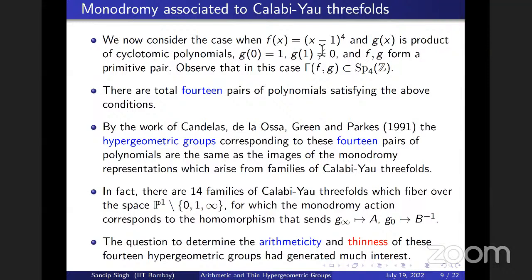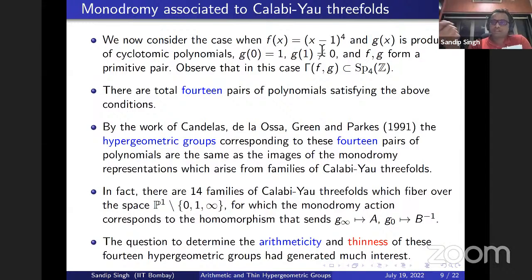Phi 3(x) is x cube minus 1 divided by the product of phi d where d divides 3, so it is nothing but x square plus x plus 1. Phi 4(x) is x square plus 1, and phi 5 is x to the power 4 plus x cube plus x square plus x plus 1, and so on.